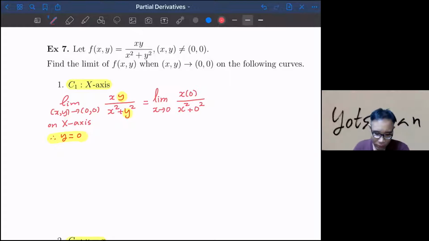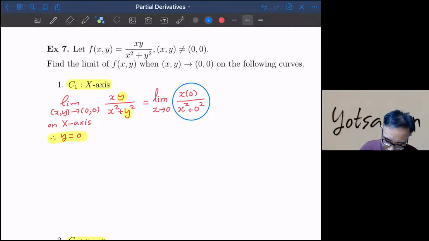One thing, this one is a little bit tricky. I'd just like you to see the thing that I will circle. The circle that I have is x times 0 over x squared plus 0 squared. Inside this circle, this becomes 0 because on top is 0, on the bottom is x squared.